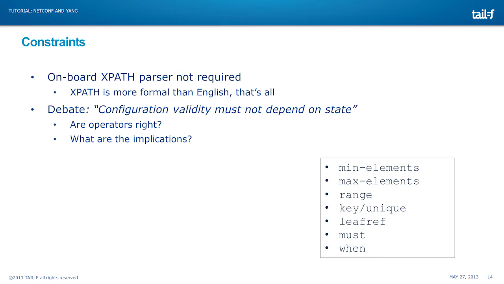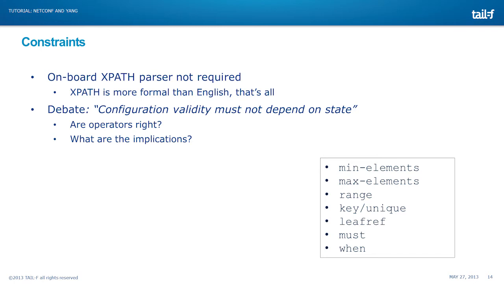Some of the constraint elements that can be used are things such as we see in the box in the lower right: how many elements can be in lists, leaf-lists, unique, leafref, must, when. Those are all things you can do to model constraints within your system, because if you can precisely declare your constraints in the YANG data model, that can be automated for processing and can save you the time of writing and testing and maintaining source code that does it instead.